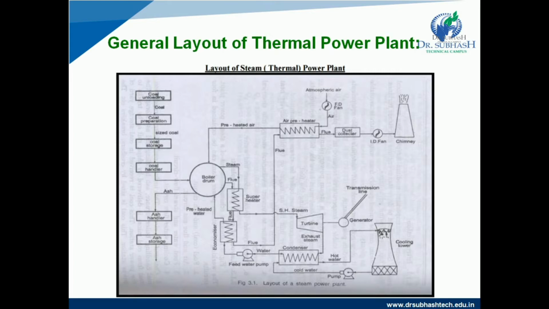In a coal-based thermal power plant, coal is transported from the coal mines to the generating station. Generally, brown coal is used as a fuel in this power plant. The coal is stored in either dead storage or live storage. Dead storage is generally a 40 days backup coal storage.